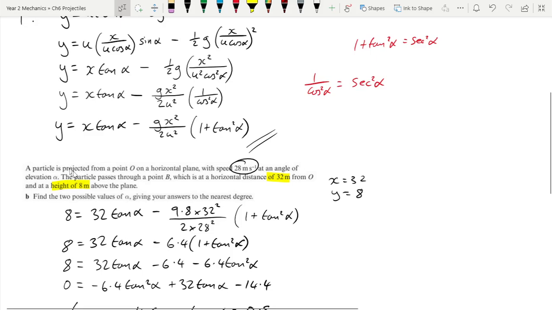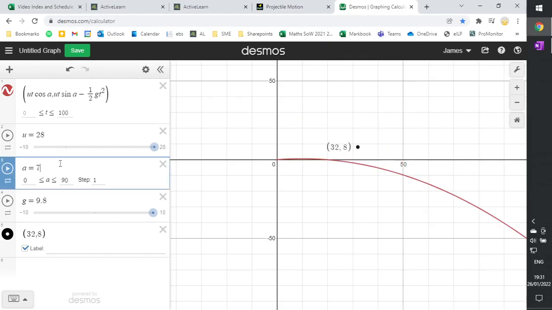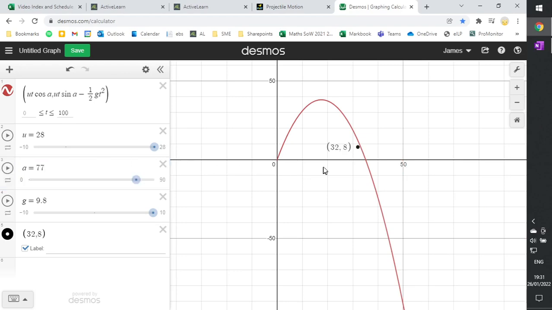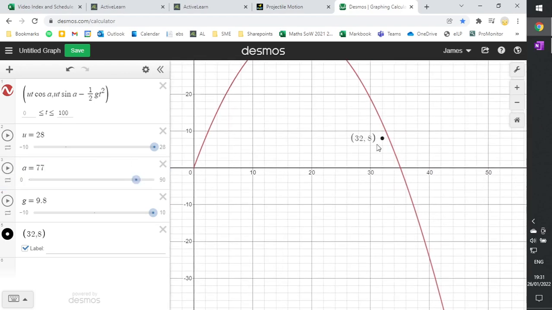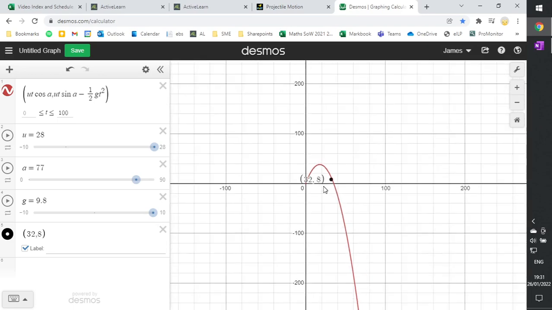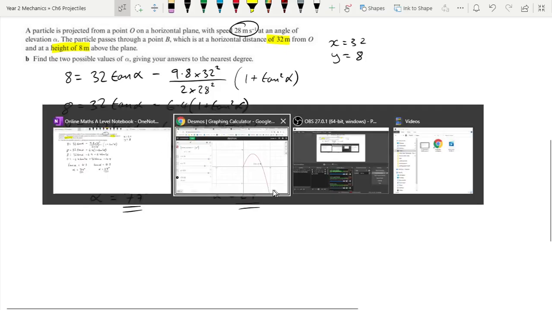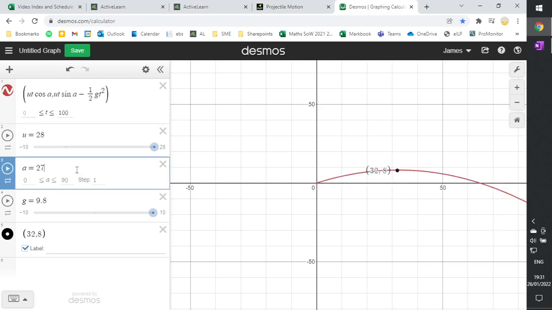And the two angles we calculated, well, one of them was 77 degrees. So, okay, it's not quite exact because of the rounding on there, but 32, 8 is about there. And then if we change the angle to 27 degrees, it also goes through it at that angle too.